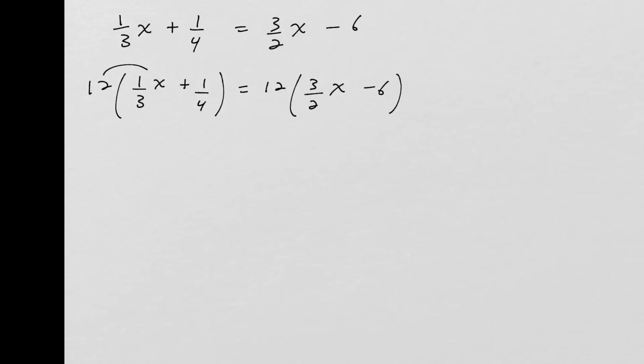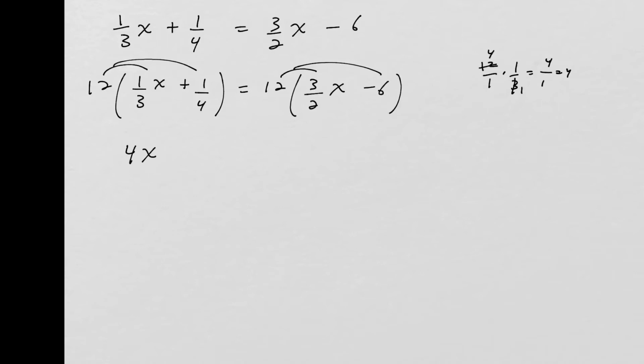I need to distribute the 12. So what's 12 times 1/3? Again, you could do this on the side. 12 over 1 times 1/3. Well, I can cancel a little bit first. 3 goes into 3 once, and 3 goes into 12 4 times. So I have 4 times 1 is 4, over 1 times 1 is 1. That's just 4. And I still have an x there, so this is going to be 4x.